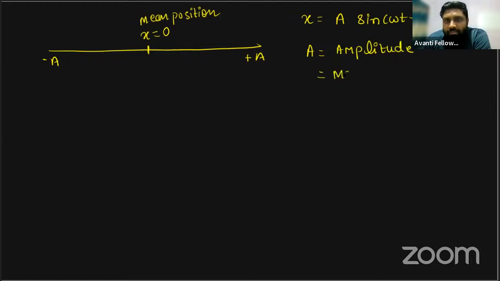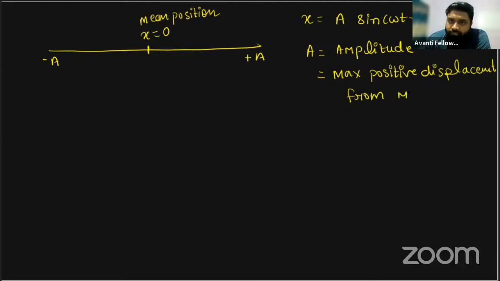Amplitude is the maximum positive displacement from the mean position. So from the mean position, the maximum extent that a body can go is termed as the amplitude of that particle or of that SHM.